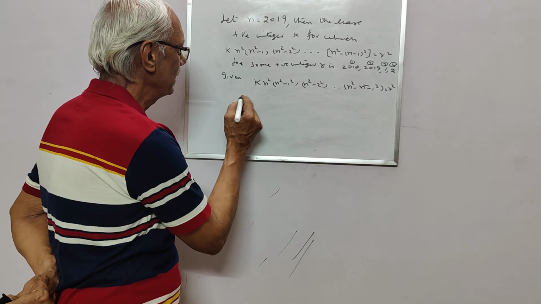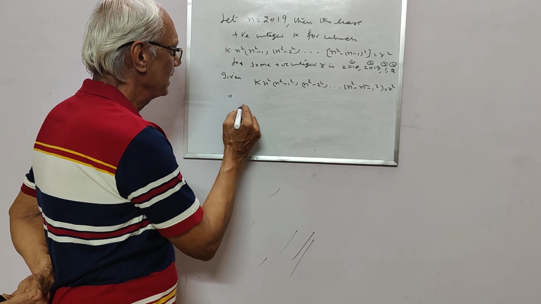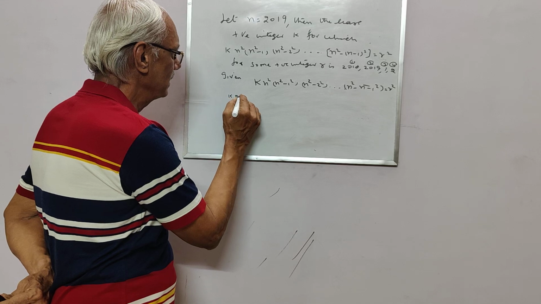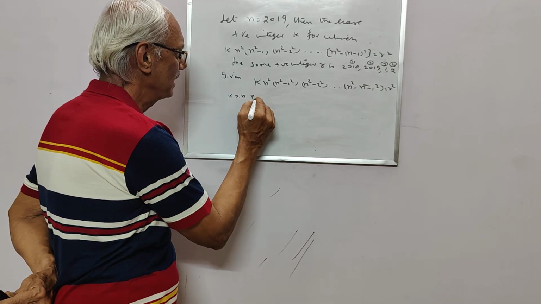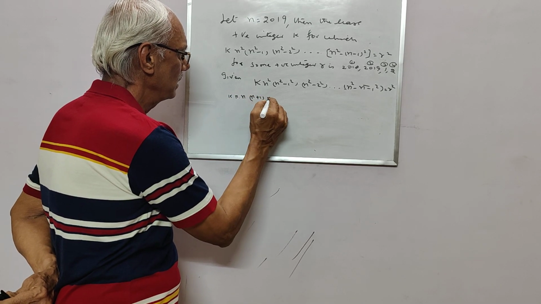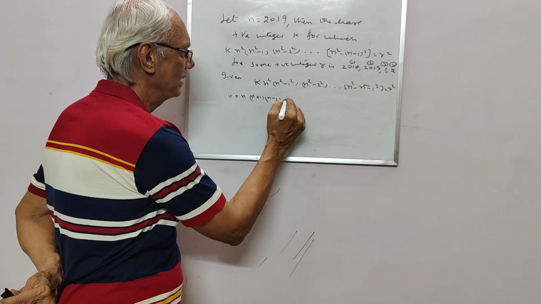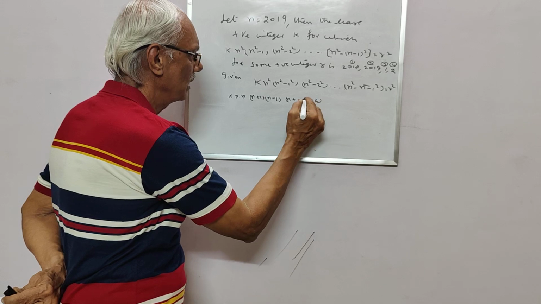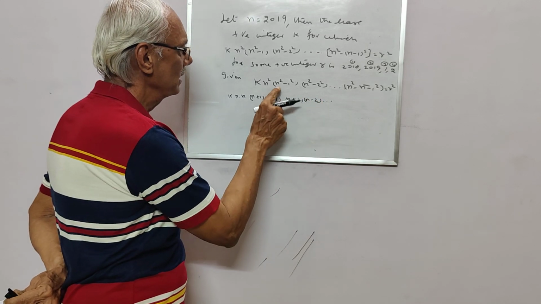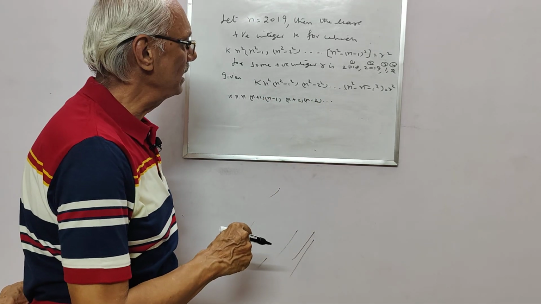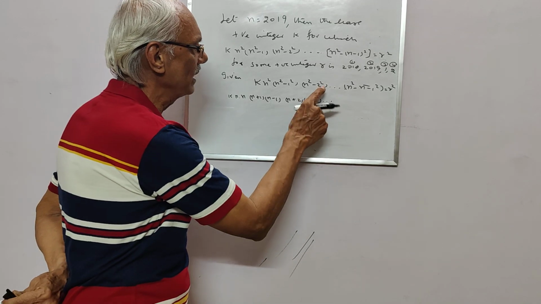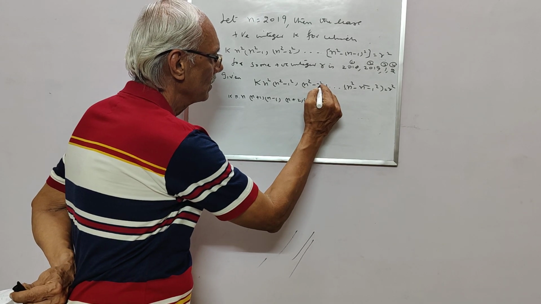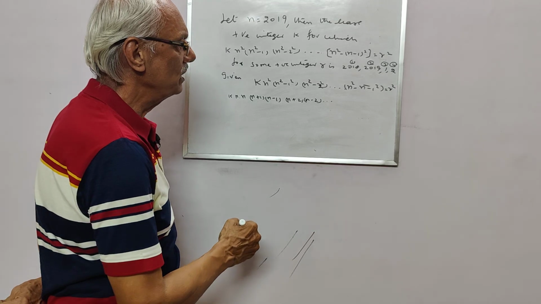So here this can be written as k into n, and this can be written as n plus 1 into n minus 1, and the next one is n plus 2 into n minus 2. Like that it goes on, because n squared minus 1 squared is n plus 1 into n minus 1, and n squared minus 2 squared is n plus 2 into n minus 2.